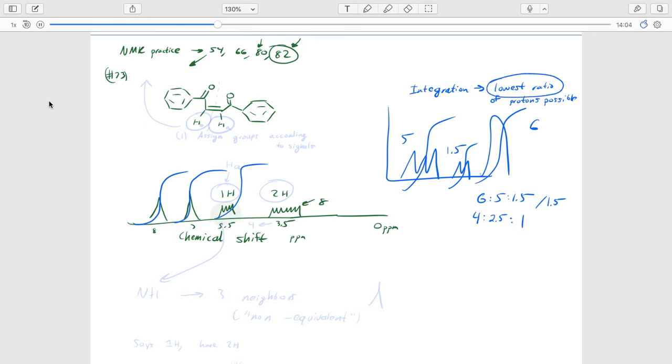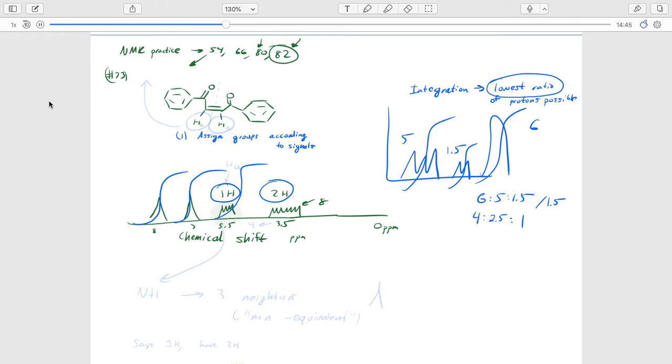Unless the diagram specifically says we know how many protons are in this environment, go off the lowest ratio. In this case, for problem 73, we're given that at 3.5 we have 2 hydrogens, and we have 1 hydrogen right here. But if we know what the compound looks like, it's a good idea to first assign groups according to signals.